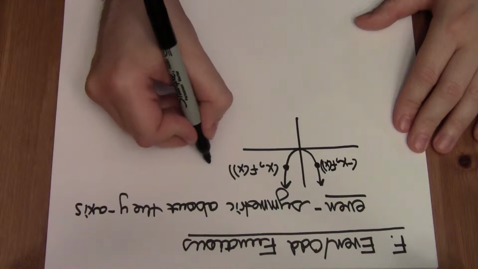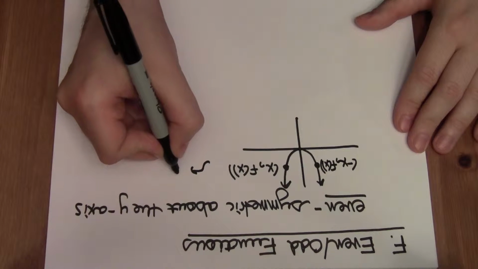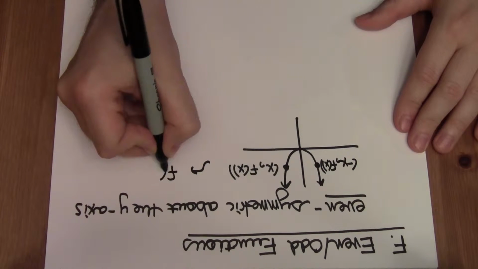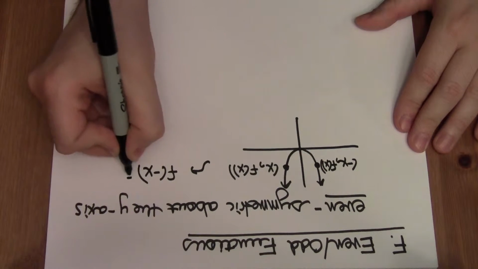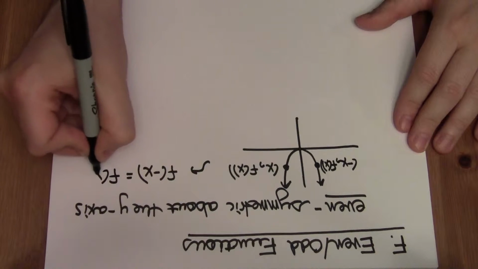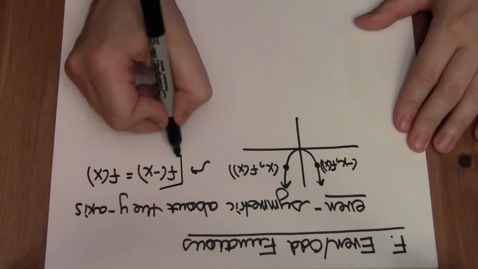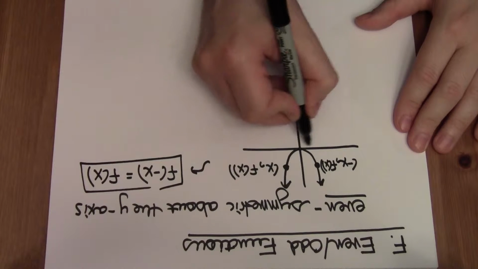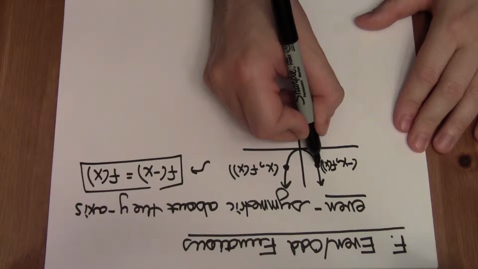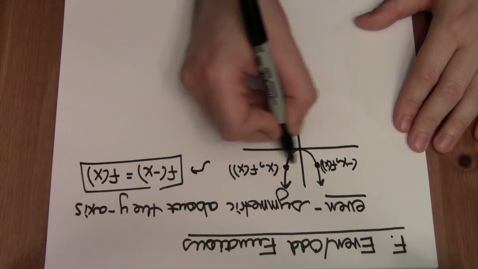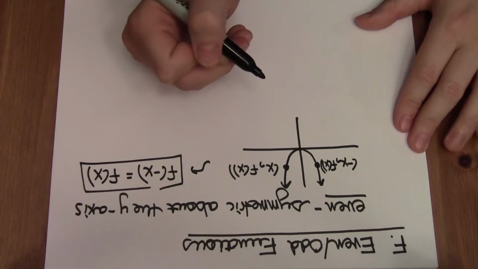One definition we can use of an even function is a function is even if f of negative x just equals f of x. If you plug negative x into your function, you get the same y value that you would get if you just plugged x into your function.